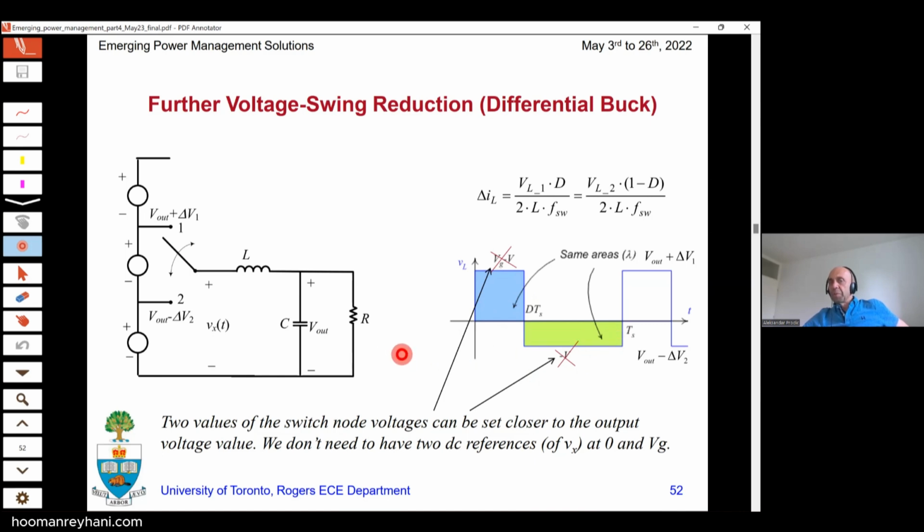Now, from the review of the reduced voltage swing principle that we looked at the beginning of this lecture, what we can understand is that if this variation is very small, we can have a really huge reduction of the inductor size.